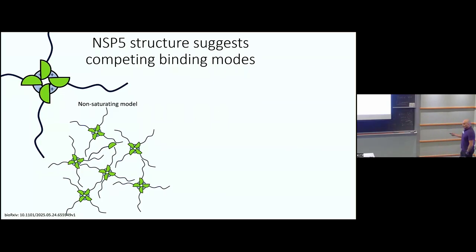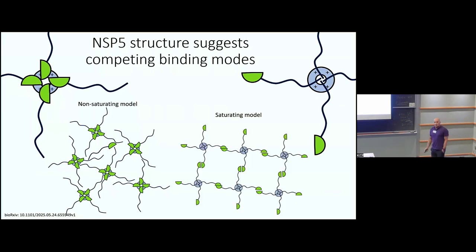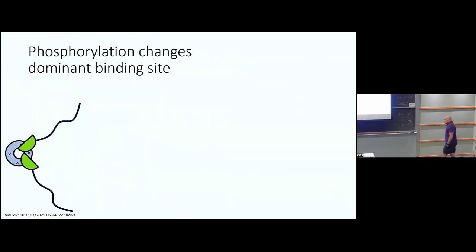Okay, in order to build a saturating model, I'm just going to invert the geometry. I'm now going to attach the NSP5 via its N-terminus, and so now I've got these oligomerization domains dangling off, and so when this thing phase separates, we've got these sort of specific oligomerization activities that are going to link it together into the dense phase. So the question is, how can you get a conversion between these?